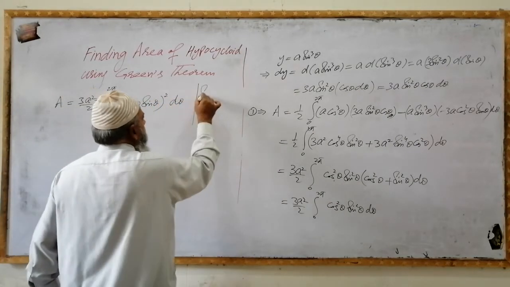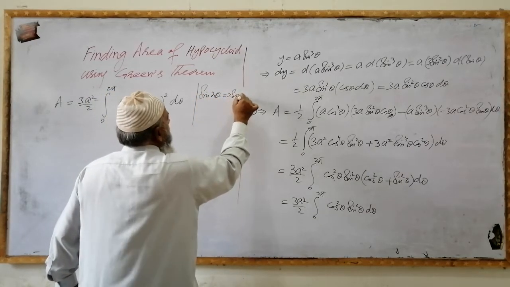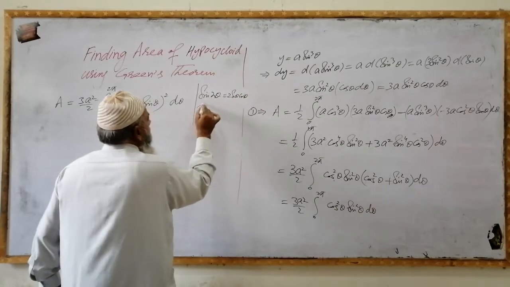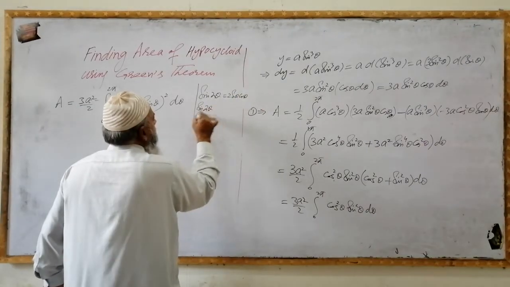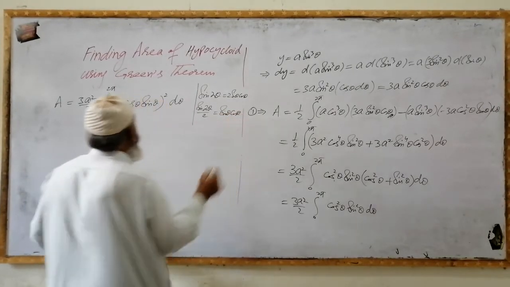Now as you know, sin 2 theta is equal to 2 sin theta cos theta, and from here we will have sin 2 theta over 2 is equal to sin theta cos theta.